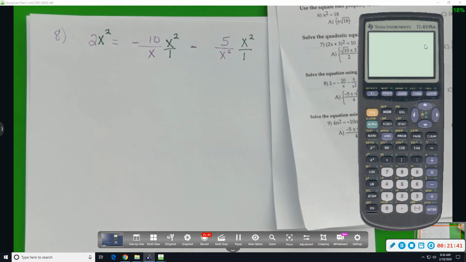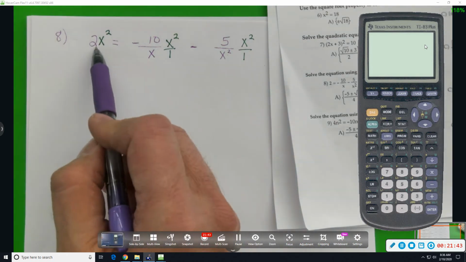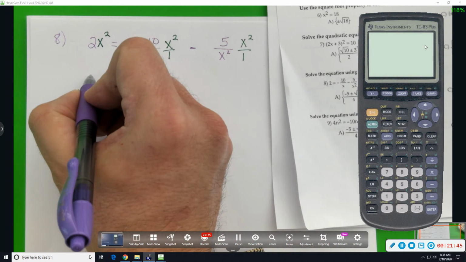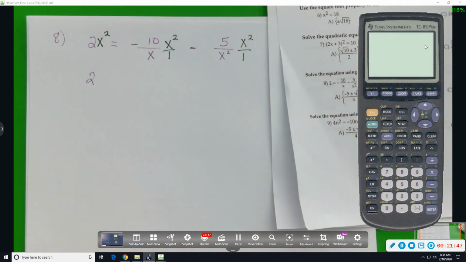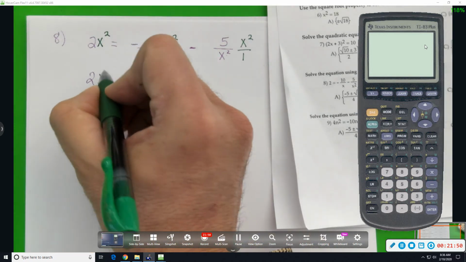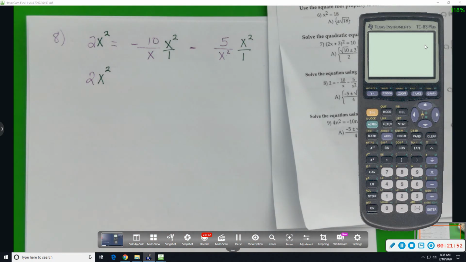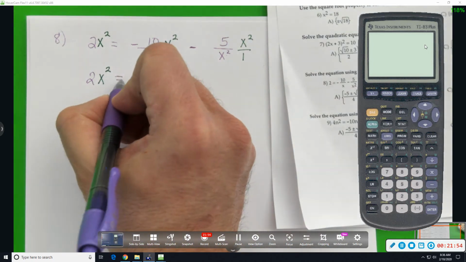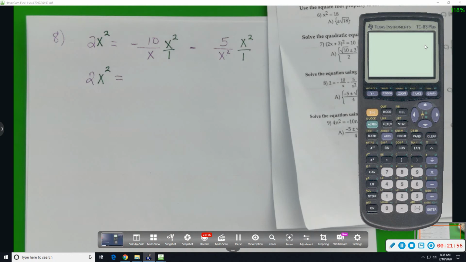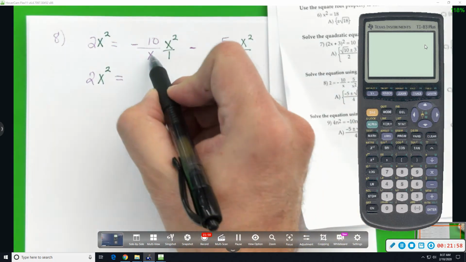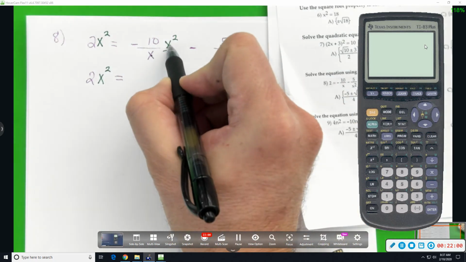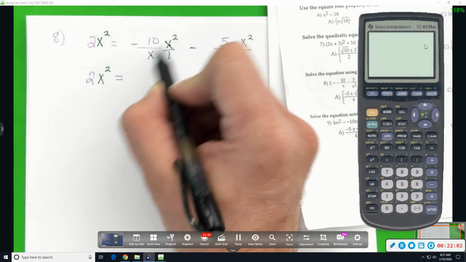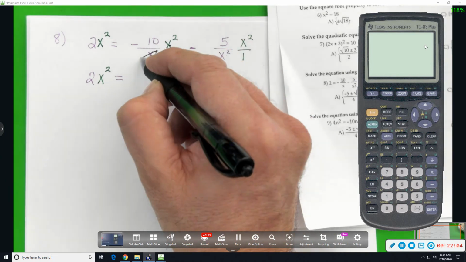So I'll have just 2x squared here equals, now I'm going to cancel the bottom purple x with one of these green x's. I'm doing that cross canceling you can do with multiplying fractions.